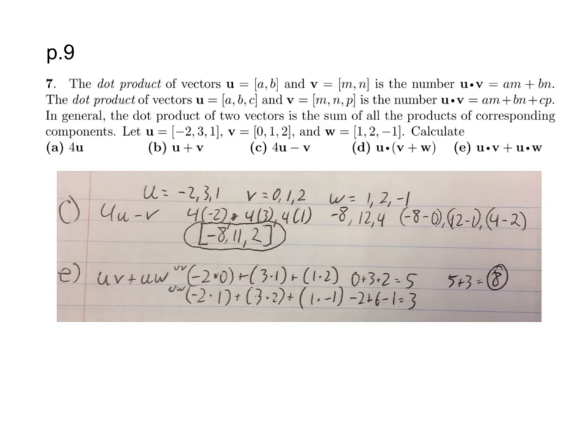And then if you multiplied two of them together, you multiply them and then you add the products to equal 5, and then this one would equal 3. And then you add these two together and you get 8. Okay, pause there.